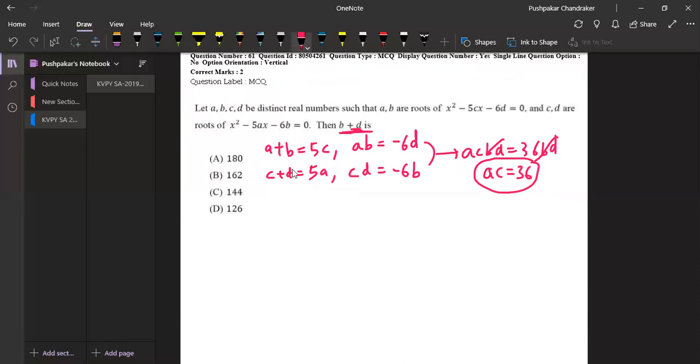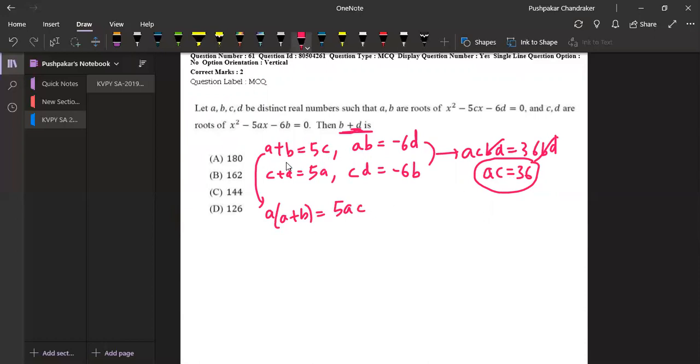We have to find the value of B plus D, so to get B plus D somehow, let us see. Now I have to use these equations also. So what we'll do here, this equation we will multiply by A, so you'll get A times A plus B equal to 5 times AC. Why did I do that? Because we know the AC value.